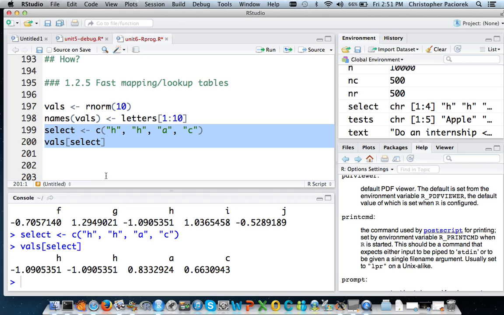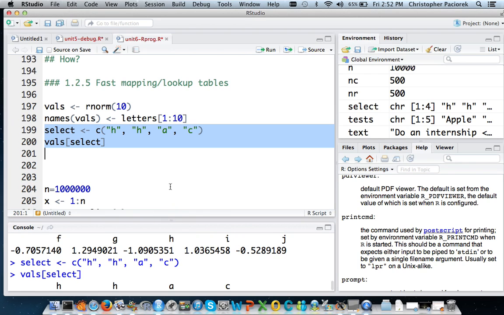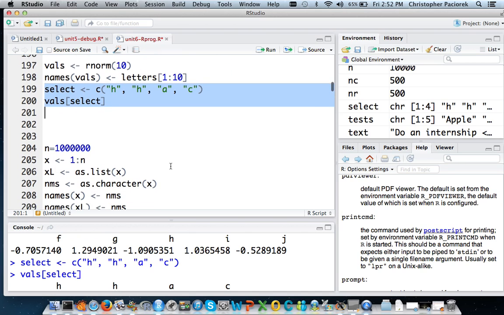That can be quite handy in terms of code clarity, because you can see immediately what's going on. If these were more informative labels than they are here, it's really easy to see that I'm selecting by name those particular values. But part of the reason I wanted to point this out was, A, it actually is quite handy, but also to think about efficiency.